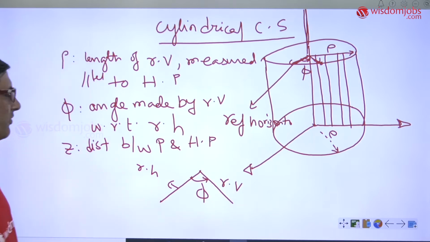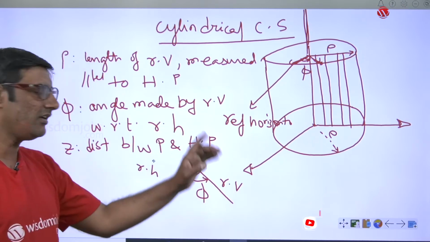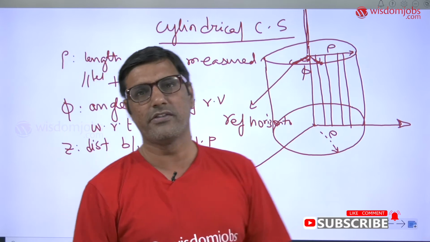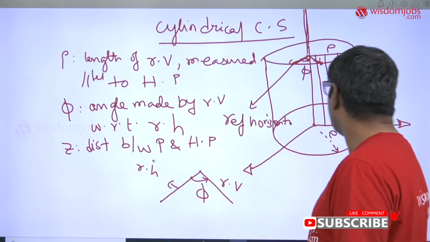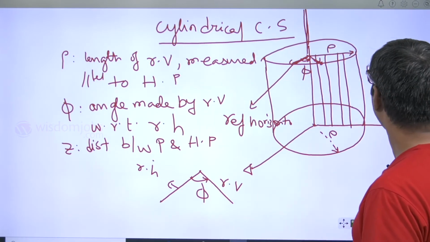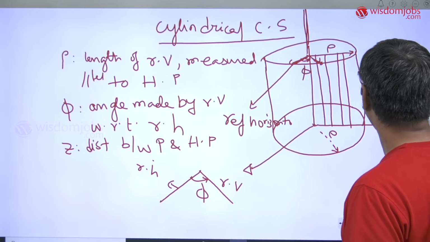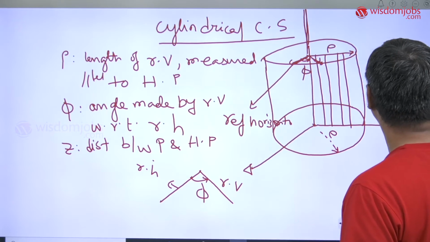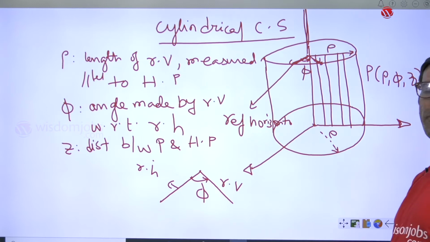Any point in the cylindrical coordinate system can be expressed as P(rho, phi, z). This is the point representation of any point in the cylindrical coordinate system.